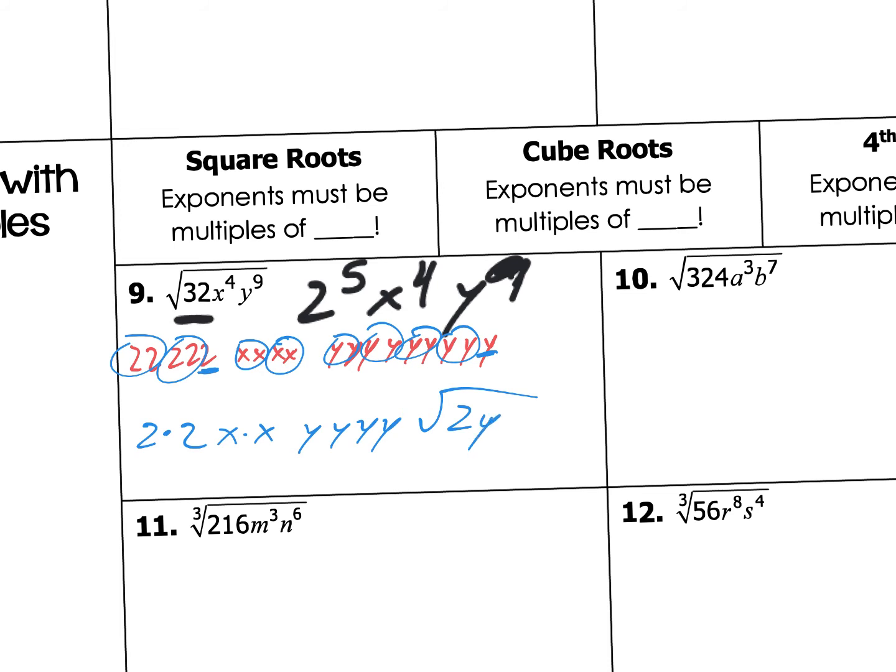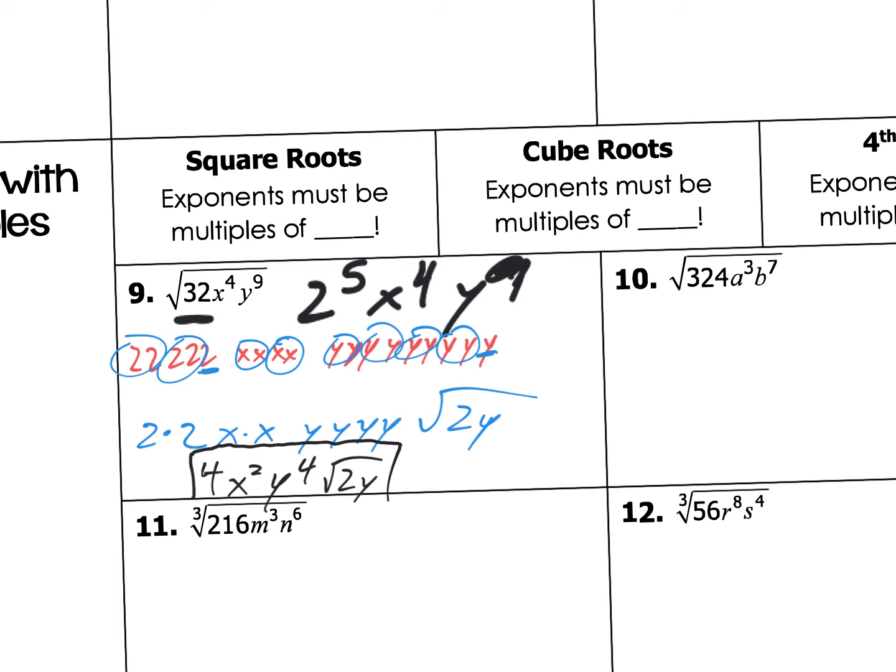And let's just clean up what we had out here in the front and make it all nice and pretty. So 2 times 2 makes 4. X times x is x squared. 4 y's, y to the 4th power, and the square root of 2y. Okay, and there you go. There's your simplified form: 4x squared, y to the 4th, and square root of 2y.